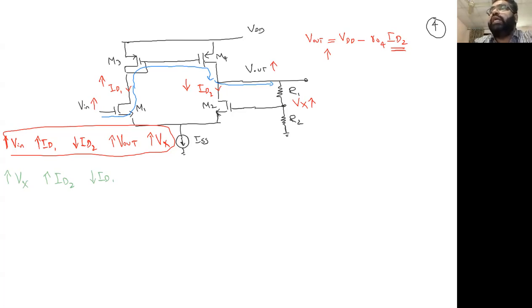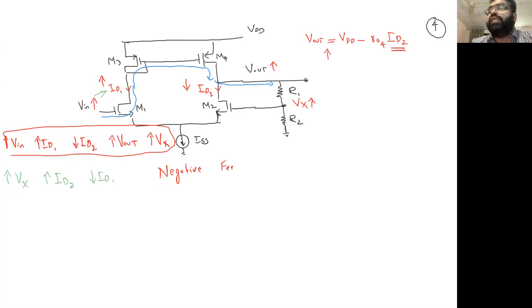So V in intending to increase ID1, but because of the feedback, it's reducing the value of ID1. That's why it's a negative feedback. The same thing we talked about, the net impact is opposing or supporting. In this case, it's opposing.